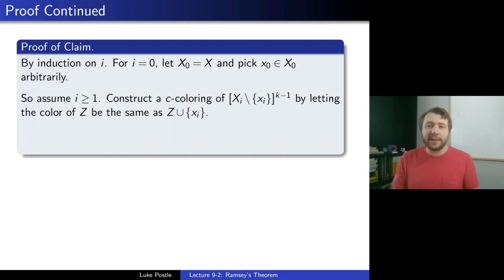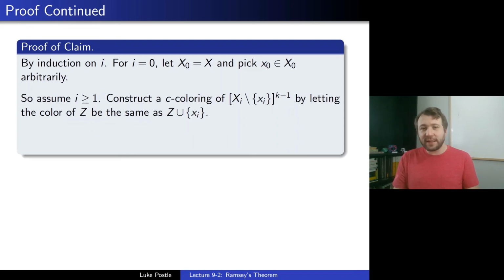And then you assume i is at least 1, and now the key is, how do we find this monochromatic set? So before we took the majority one, when it was red and blue. If there were multiple colors and k is 2, you could still take the plurality one, the one with the most. Here, though, we'll instead use induction.